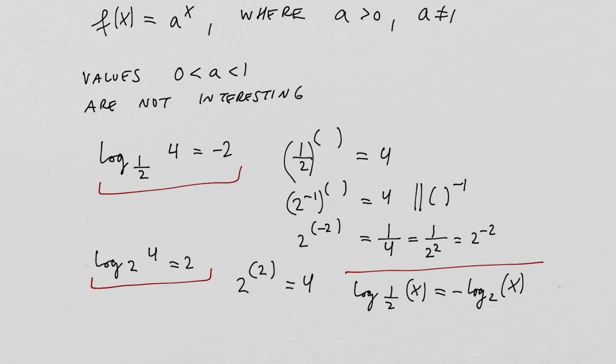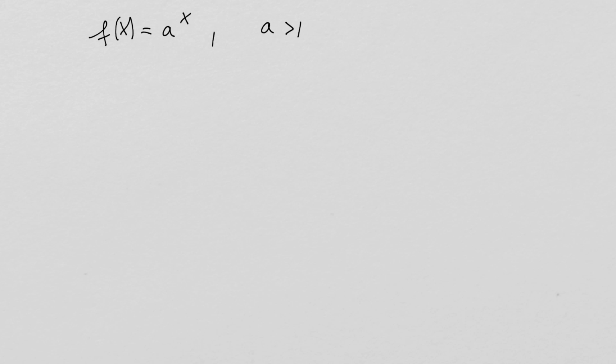So actually all of these logarithms we can express in this way. So no need to have any numbers between 0 and 1. So we are left with these functions.